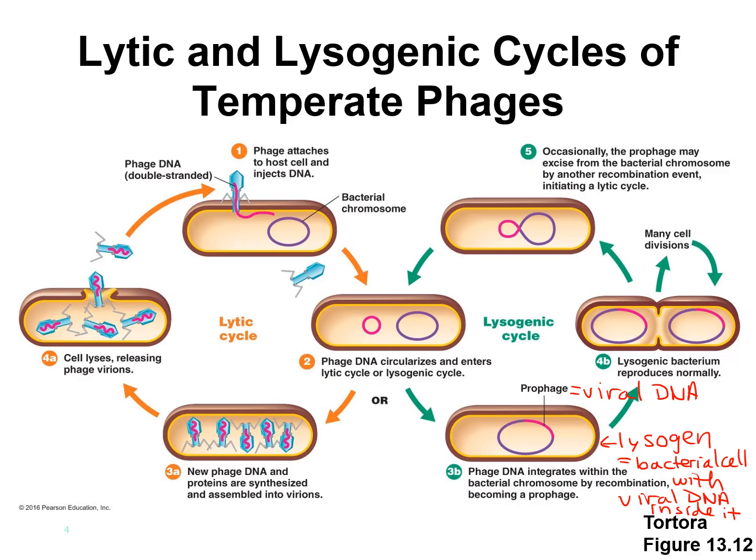And then it will realize that it needs to go find a new host cell because that bacterial cell is going to die. So the prophage will cut itself out of the bacterial chromosome, and then it will enter into the lytic cycle and start making new virus. And then when the virus is ready to be released, it will lyse the bacterial cell, killing it, and then go find a new bacterial cell to infect, and then we'll start the lysogenic cycle over again.